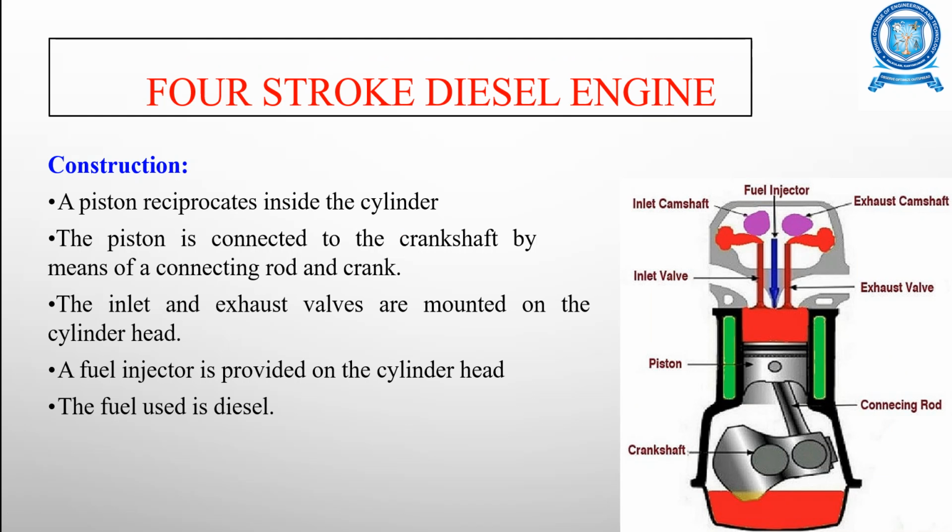So this is the construction of this four-stroke diesel engine. Here you can see this is the engine cylinder, in which you have this piston which reciprocates, and this piston is connected to the crankshaft by means of the connecting rod, that is, the smaller end of the connecting rod is connected to the piston, and the big end of the connecting rod is connected to the crankshaft.